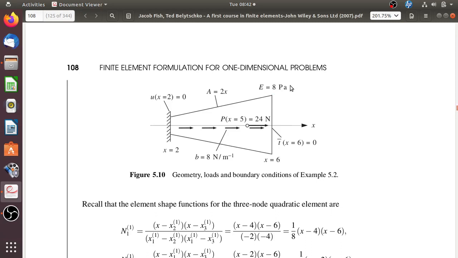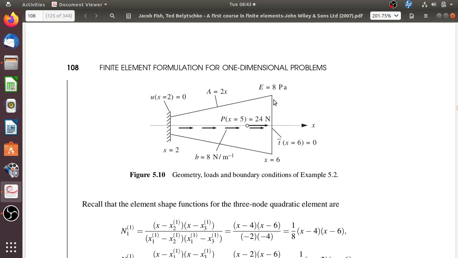Now in this tapered bar some distributed forces are acting, which is equal to 8 Newton per meter. I believe x and everything is given in meters.